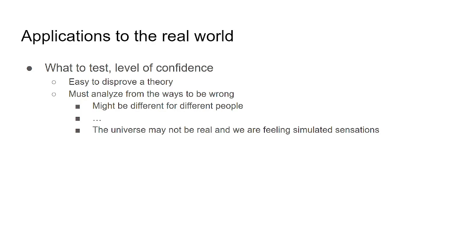And then at one extreme, well, maybe the universe isn't real and we're just feeling simulated sensations. And that's always a possibility. But if you have to go that far out to think of how something could be wrong, well, at that point you can be pretty comfortable in assuming that it's true.